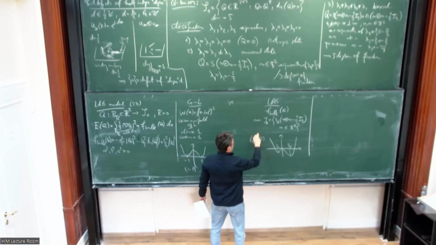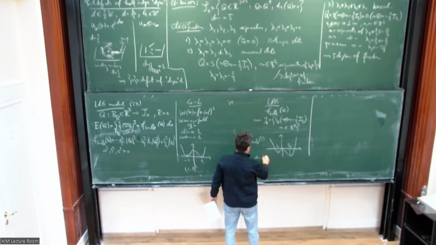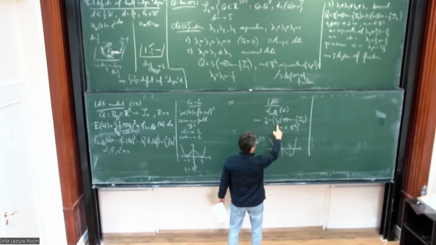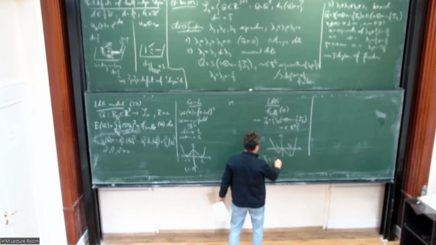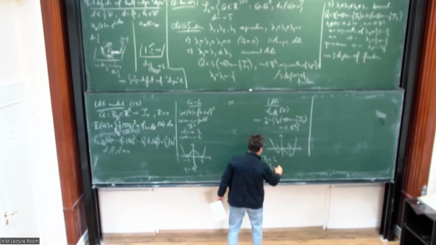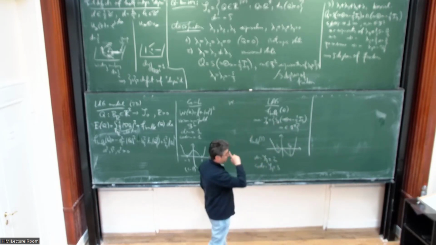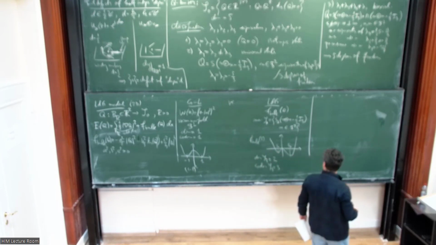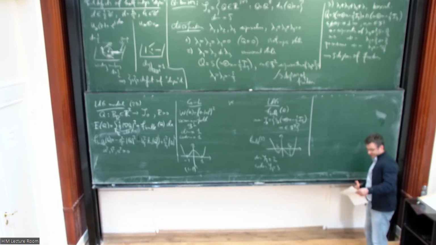Now, the dimension of S3 is 2, because S plus is fixed, so you have only 2 degrees of freedom, and the codimension is 3, because we live in a space of dimension 5.